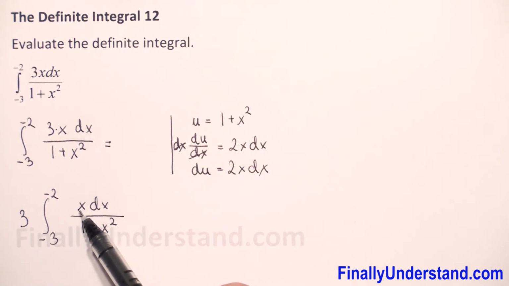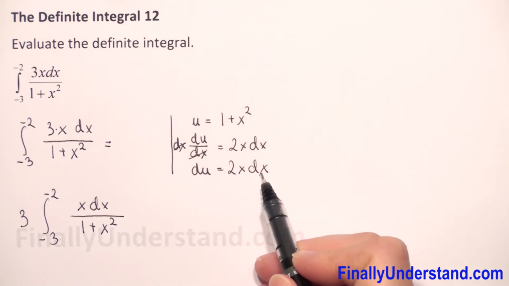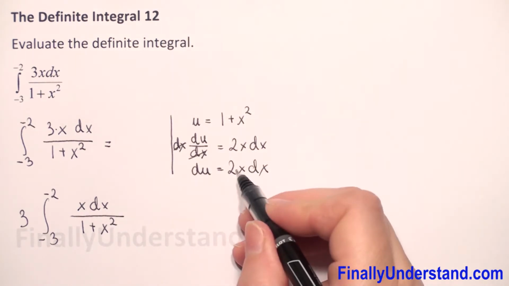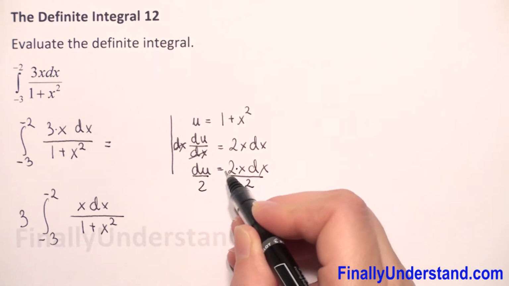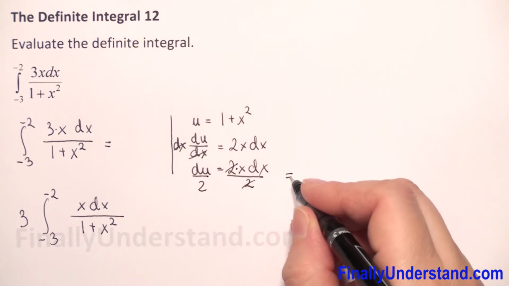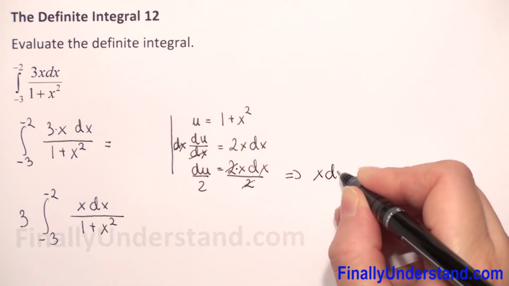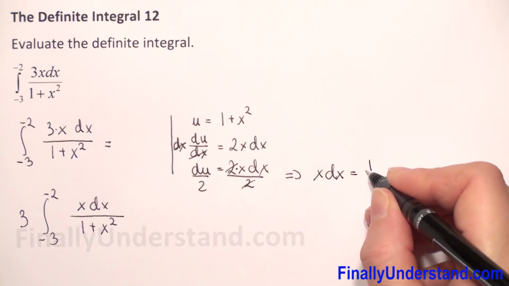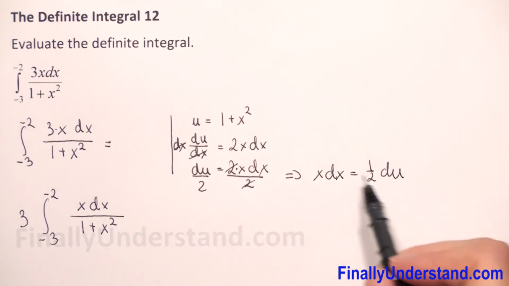And now we have to substitute x dx. We have that du is equal to 2x dx. We don't need this 2, so I will divide both sides of our equation by 2. 2 and 2 we can reduce. Now we have that x dx is equal to 1/2 du. I only change the sides.